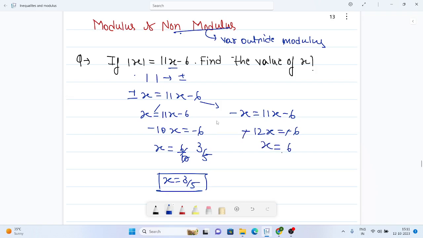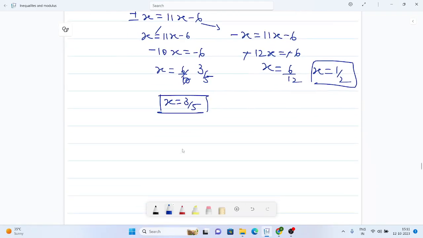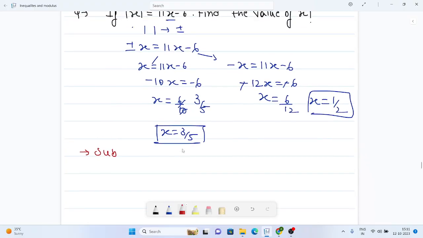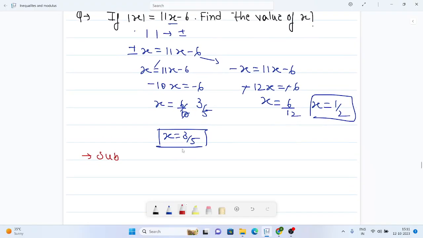So x equal to 6 by 12 or x equal to 1 by 2, right? So what extra you have to do? You have to substitute these values again in the equation. In this type of question, you have to substitute these two values in this equation and then check if this satisfies the equation, then only that is the answer.